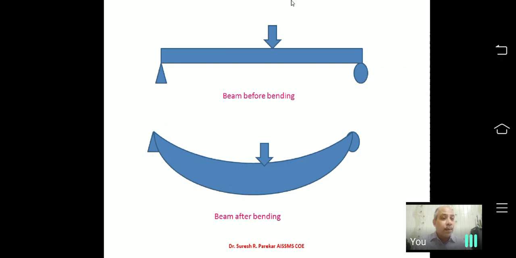But in the case of cantilever beams, if you take a pen or, better, a refill in your hand and apply load on the other end, you will realize you have tensile stresses at the top and compression at the bottom, exactly the reverse of simply supported beams.